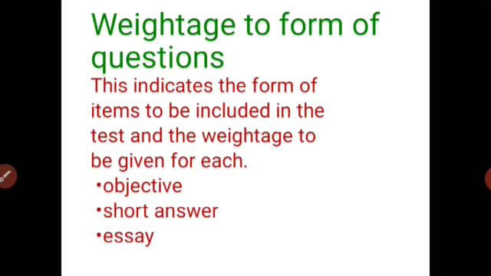We have the form of questions such as objective type, short answer type and essay type. The teacher should select those forms of questions that are suitable to the objectives and the content to be tested. We have already discussed the objectives to be considered and the content to be tested.